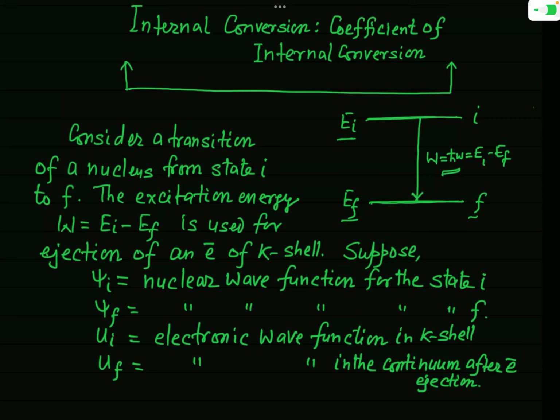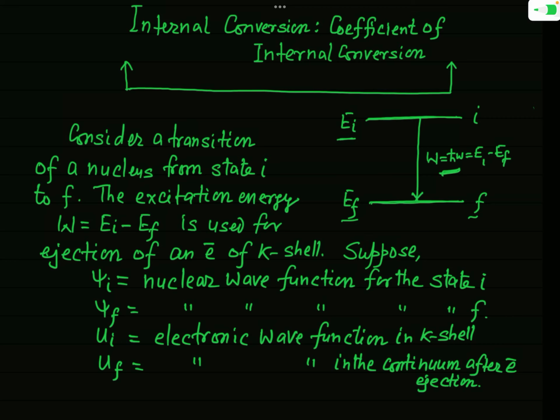So this energy W, the excitation energy, equal to h bar omega, is absorbed by an atomic electron, and if it is greater than the binding energy, the electron is ejected from the shell with a kinetic energy equal to W minus BK. B is the binding energy. You have studied these things in the previous lecture.